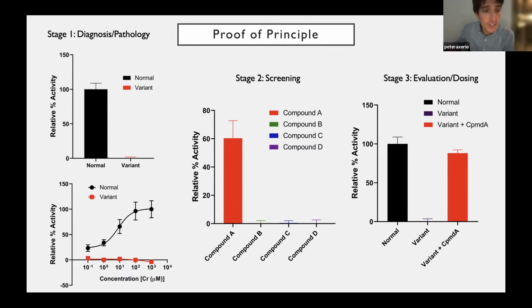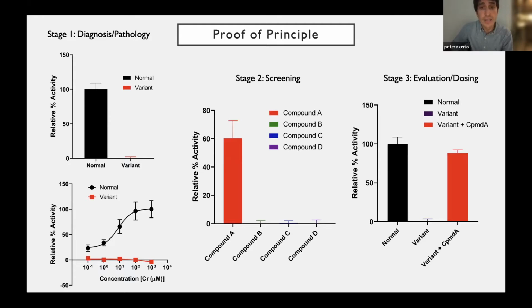So the initial proof of principle was to use a patient variant and test it and measure the % activity. Here we show that for this particular variant, there was a null effect, so no activity.